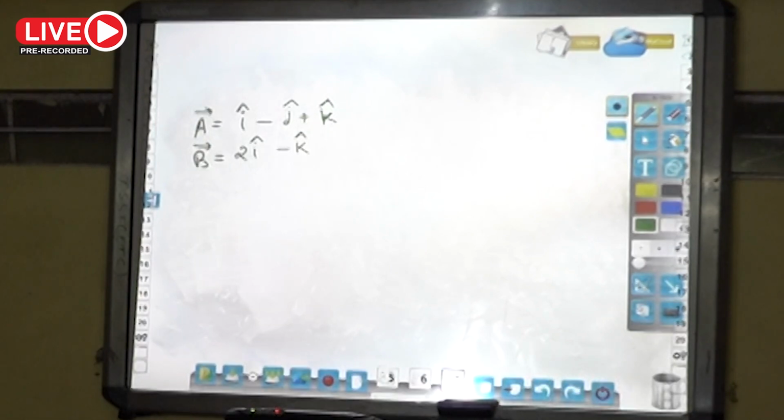Two vectors are given. Vector A equal to i cap minus j cap plus k cap, and vector B equal to 2i cap minus k cap.